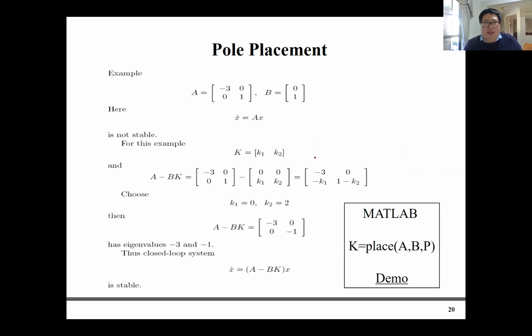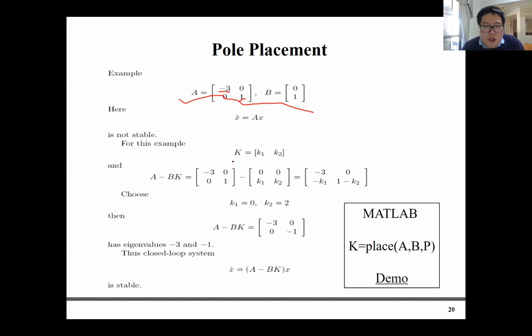And then let's give an example. So for example, if we have an A matrix like that and B matrix like this, then as we can see, the eigenvalues of A are -3 and 1. So A has one eigenvalue which is not negative, which means the system is not stable, right?